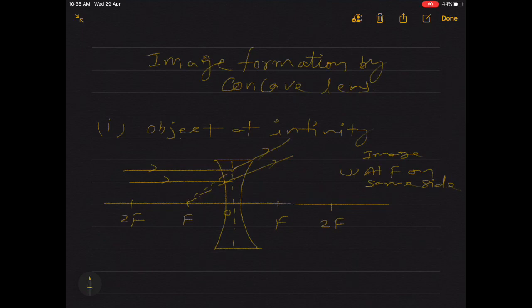Wherever the object is placed, on the same side the image is formed. Its nature is virtual and erect. Why? Because the rays are not really intersecting. And the third one is about its size. This size is point size image.